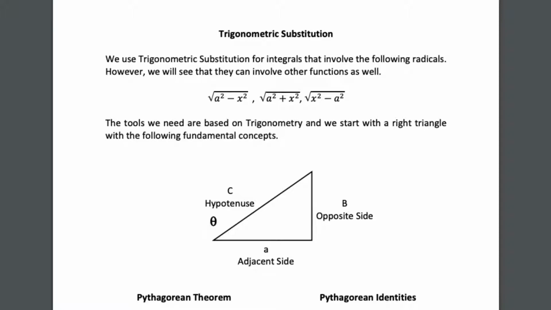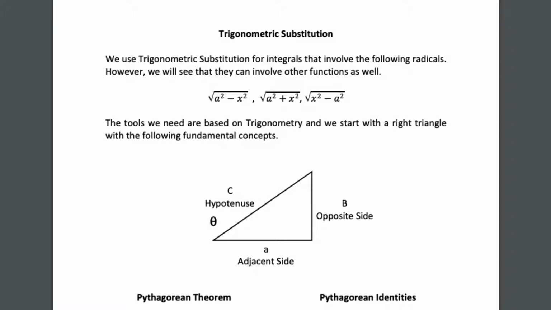Generally speaking, you could actually use this technique even if it doesn't have those radicals. You'll see some examples like that. But generally, we use it for integrals that involve the square root of a squared minus x squared, or the square root of a squared plus x squared, or even the square root of x squared minus a squared. So we have these kinds of radicals here.